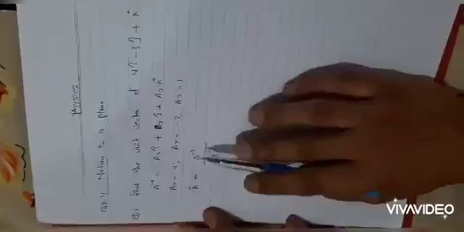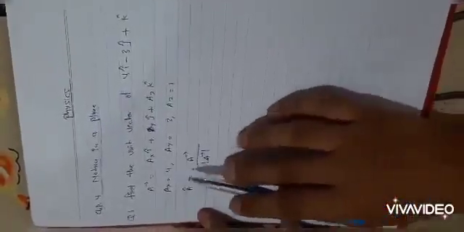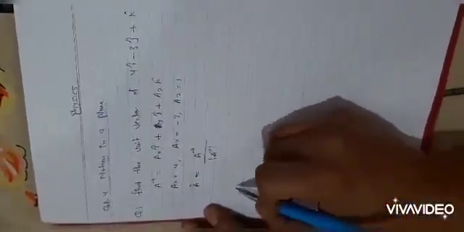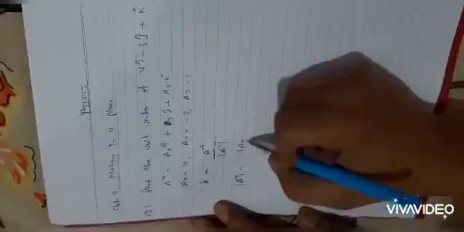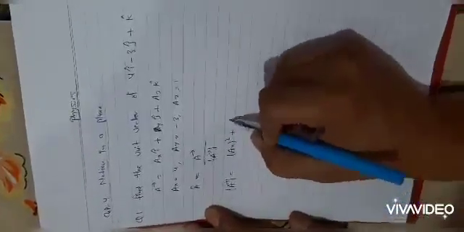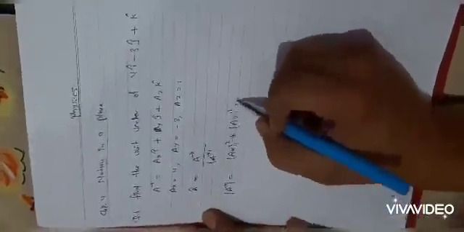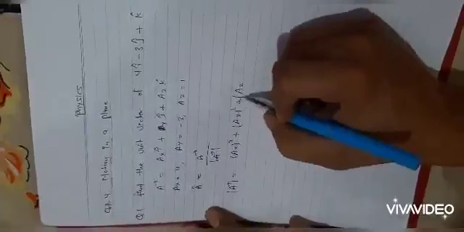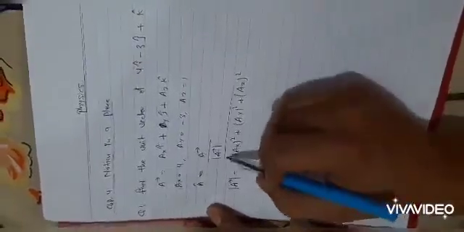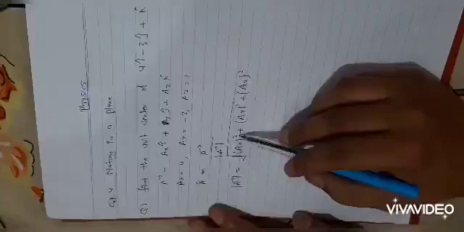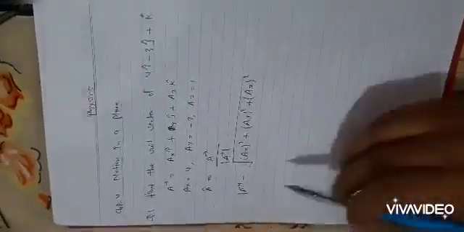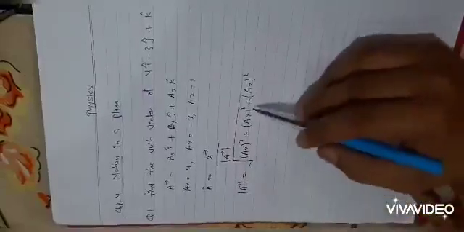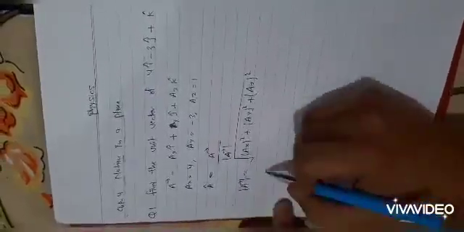So now we have to find the magnitude, and for that we simply square all these terms and take the under root of the sum of the squares. Okay, so this is the point to remember. This will even help you further.